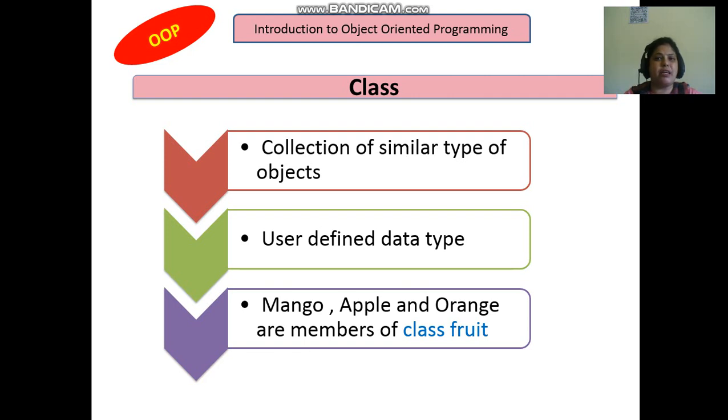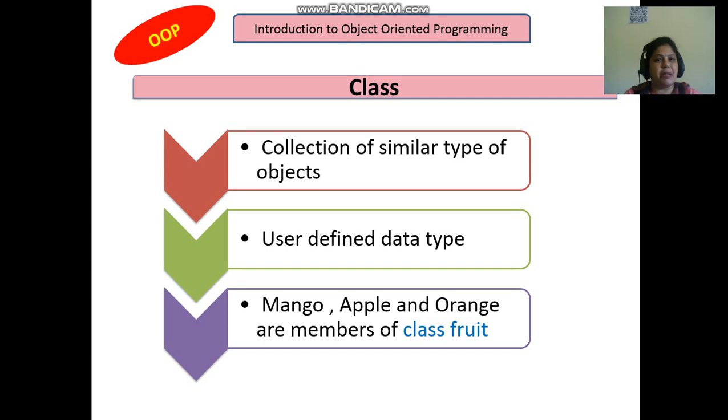Abstraction क्या होता है कि implementation details को hide करना. So class is also a concept which hides the implementation details from others. It knows what it is implementing, but it does not show it to others. That is why it becomes which type of data type? Abstract data type.